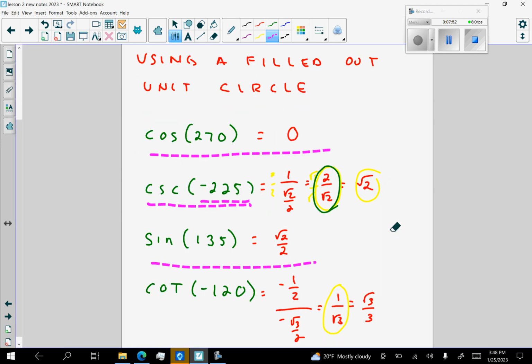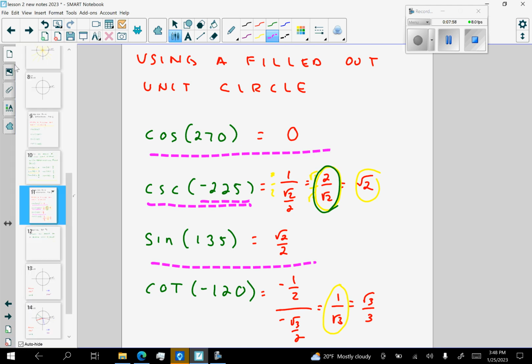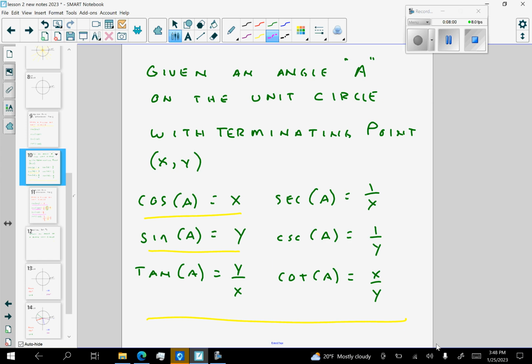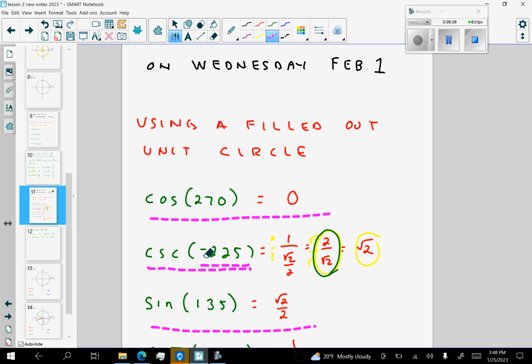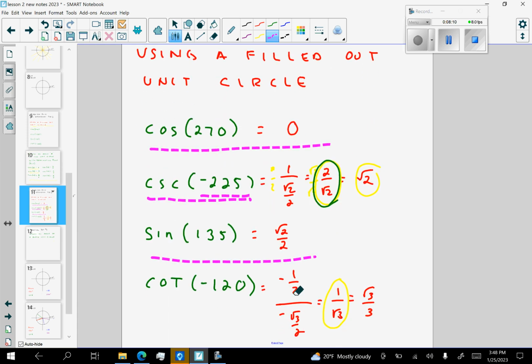I have cotangent of negative 120. What is the cotangent of an angle? The cotangent of an angle, if I go back here, is the x-coordinate divided by the y-coordinate. So then what do I have to do?